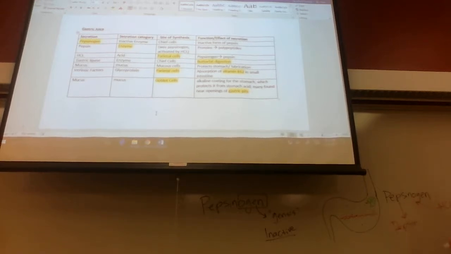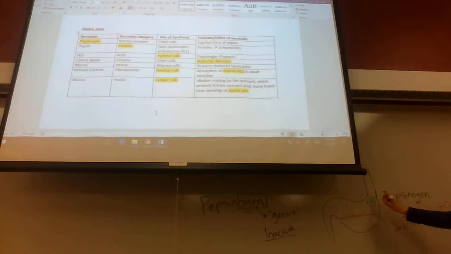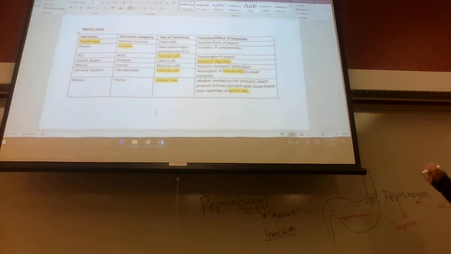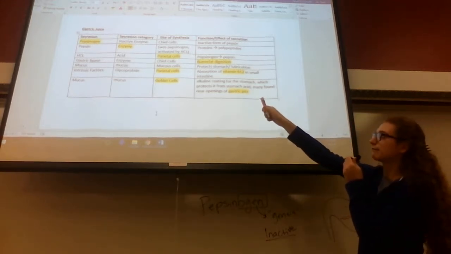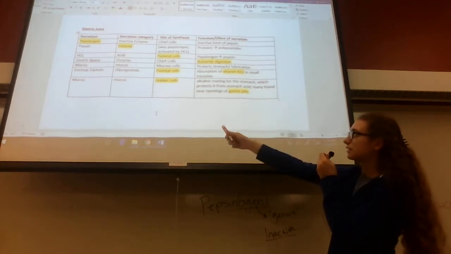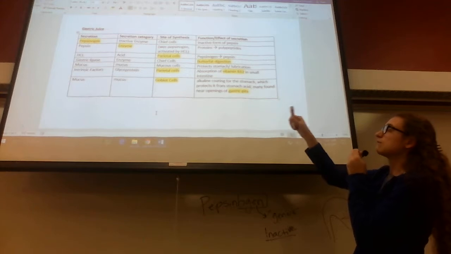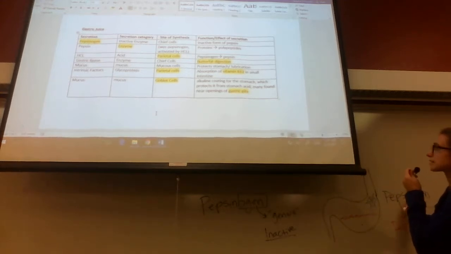And pepsin, this is broccoli, but pepsin is really important to digest proteins. So pretend that's a protein broccoli. So proteins can then be, if you look in this chart, the second line, pepsin. Pepsin is a secretion. It is an enzyme. It was pepsinogen, but then it was activated by hydrochloric acid.